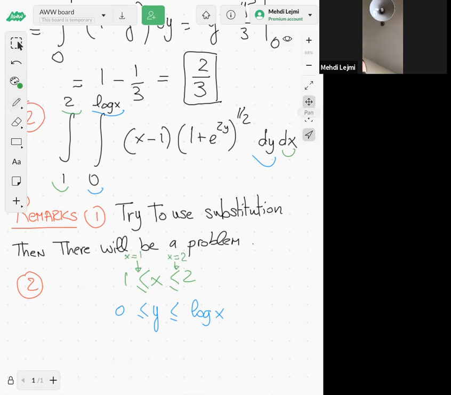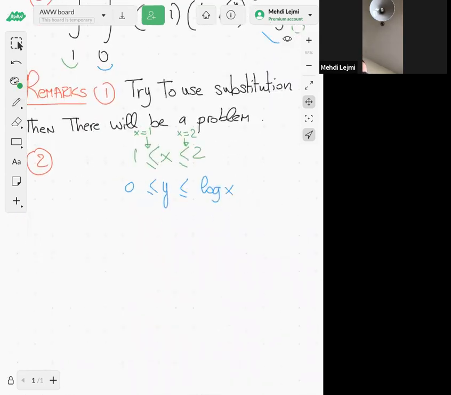If you graph x equal to 1 and x equal to 2, I'm going to use black for the x-axis. This is my x-axis, and this is my y-axis. I think I need 1 and 2.